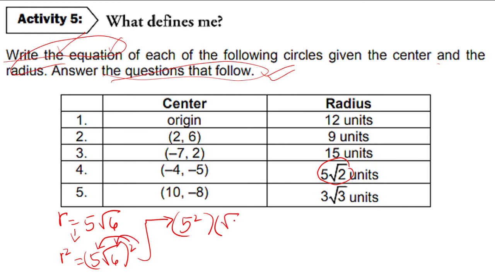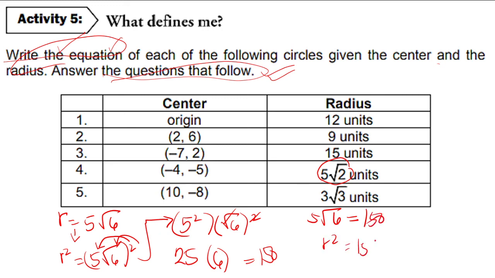So, square root of 6 quantity square. 5 times 5 is 25. Tapos, cancel, matitira si 6. Okay? And 25 times 6, ilan yun? That is equal to 150. So, that means 5 square root of 6 quantity square is also equal to 150. So, ang r square mo ay 150.